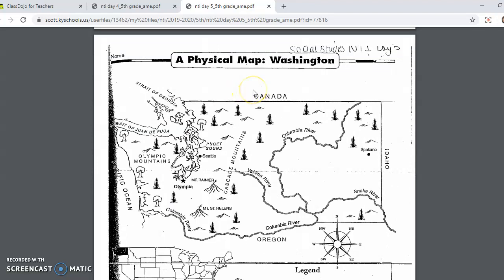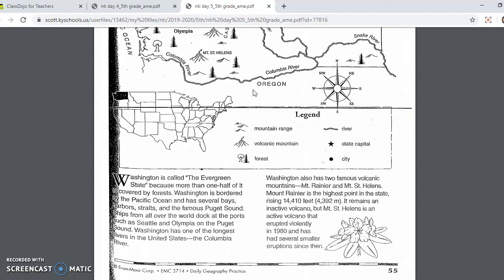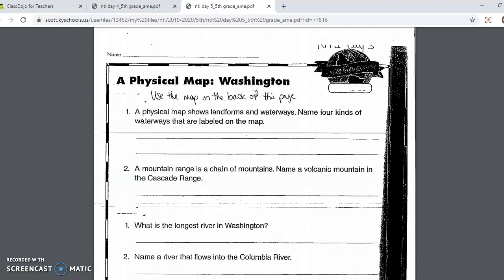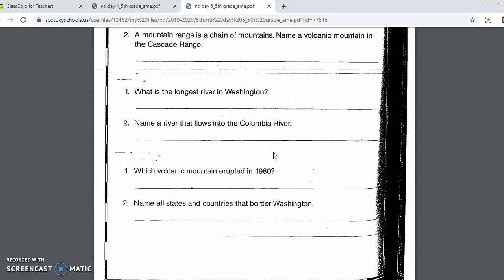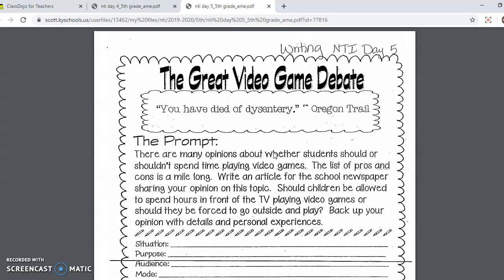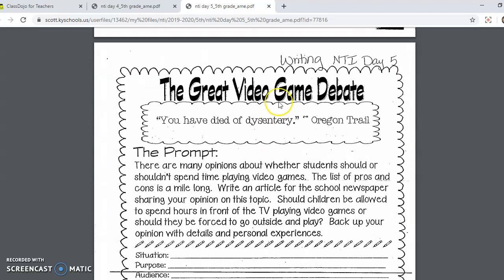Okay. Then for social studies, you have a physical map of Washington, some information here, and then you will be answering questions based off the map and that information. Then today, for writing, you are going to answer the great video game debates. You are going to share your opinion on if children should be allowed to spend hours in front of the TV playing video games or if they should be forced outside to go and play.